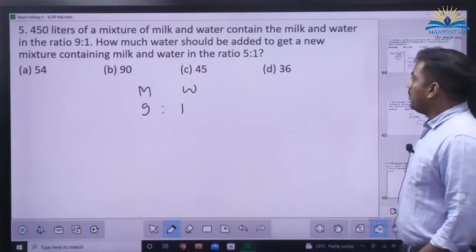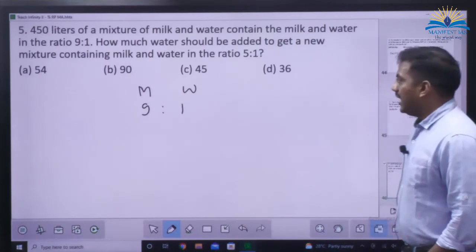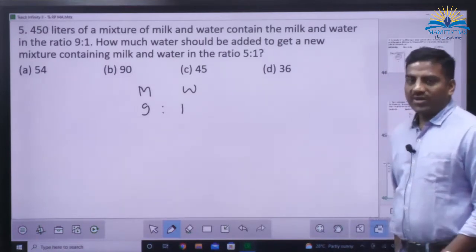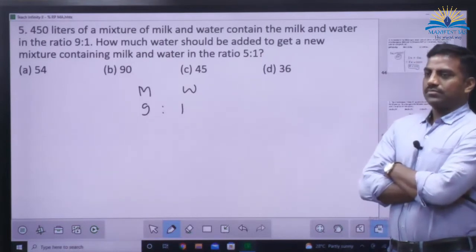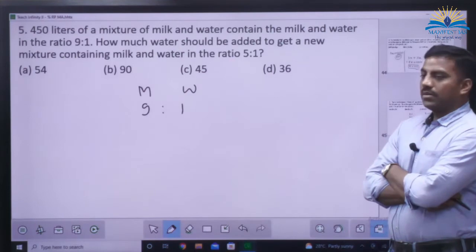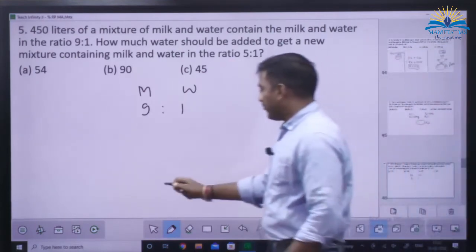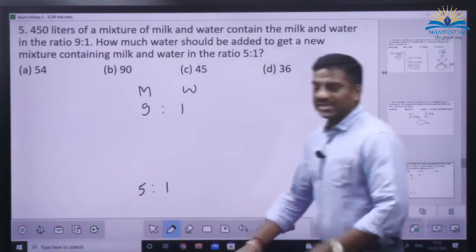How much water should be added to get a new mixture containing milk and water in the ratio 5:2? So what is happening in the ratio? It is becoming 5:1?